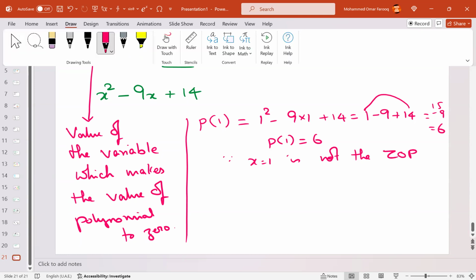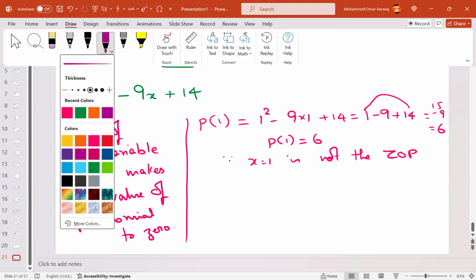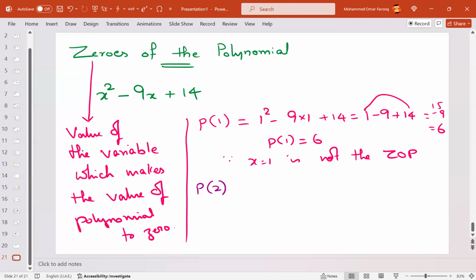Let me take any other value. Suppose P of 2. What happens if I take P of 2, my dear students? 2 square minus 9 into 2 plus 14. I'll write one below the other. 4 minus 9 twos are 18 plus 14.